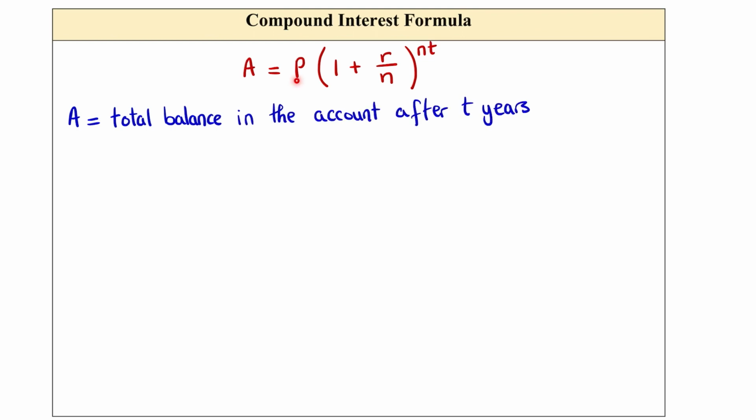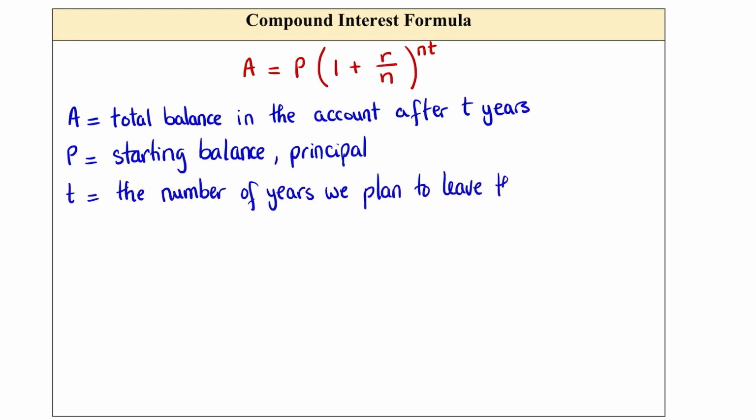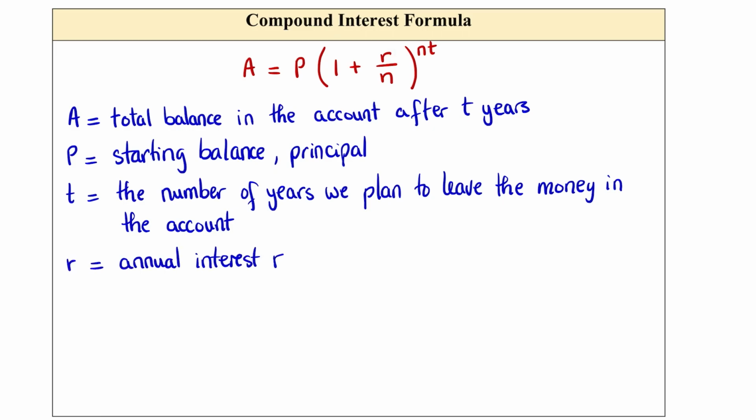P is the principal, or the starting balance, where t is the number of years we plan to leave the money in the account. r is the annual interest rate, which is the APR. n is the number of compounding periods in 1 year.